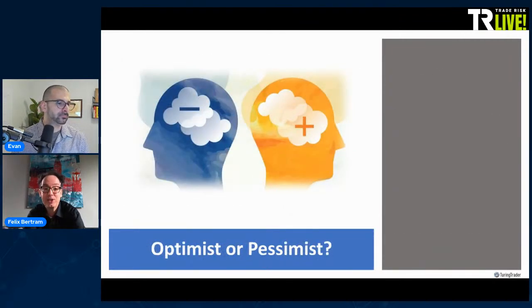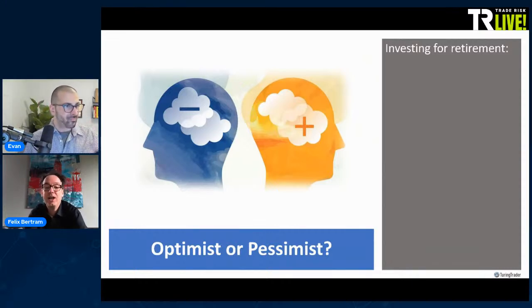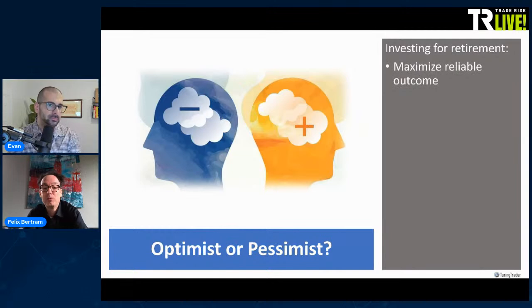So now the first question is, do you want to be an optimist or pessimist, and why is that? The first thing to really think about is, why are we investing? What are we trying to achieve? And when you're investing for retirement, the important takeaway is you're not interested in the average outcome. You're interested in maximizing the reliable outcome.